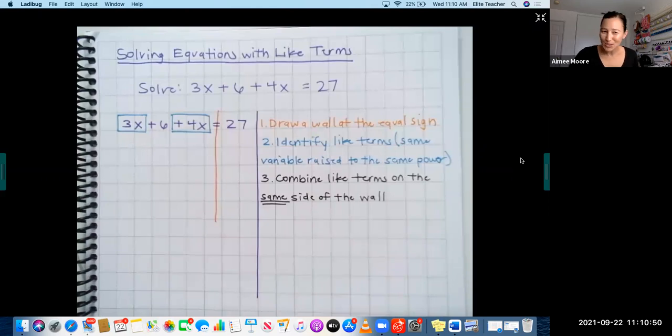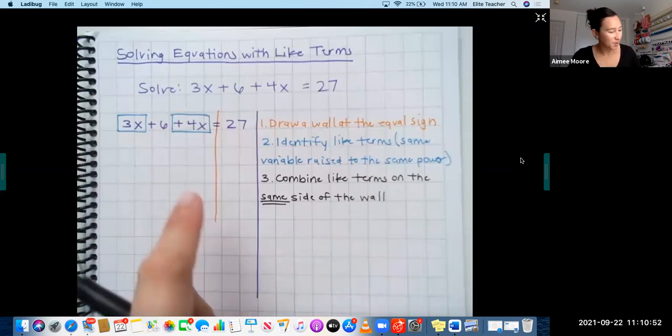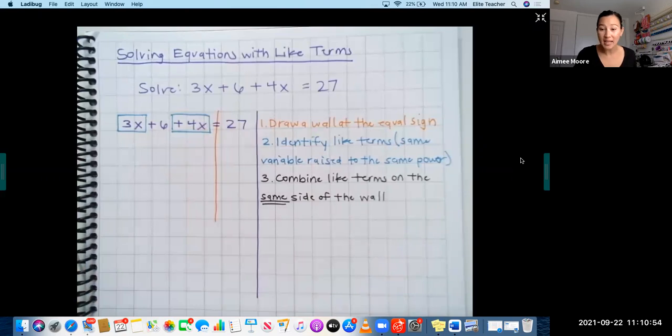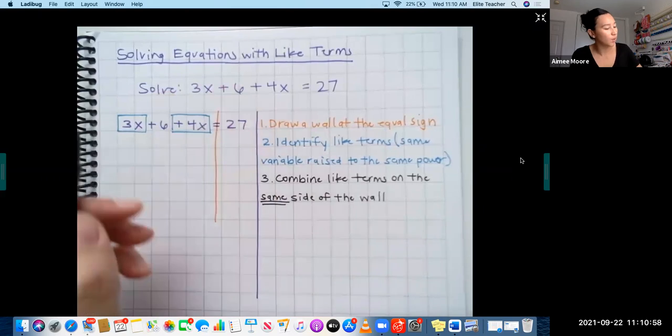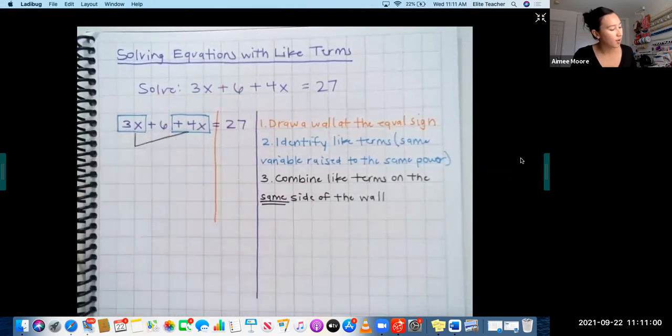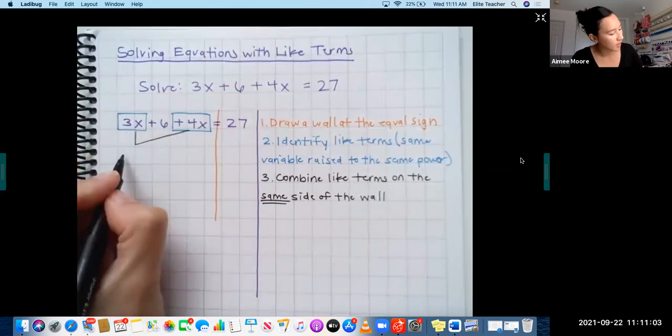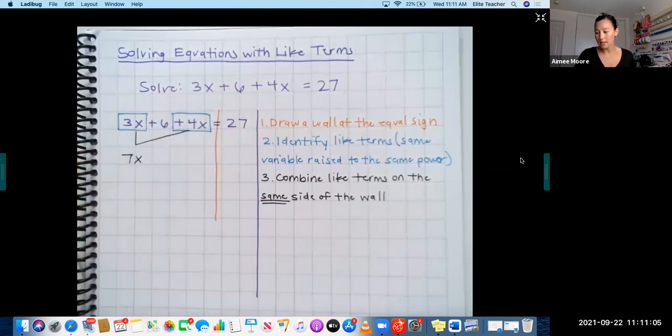Sometimes students get tempted to combine the 6 and the 27, but you can't because those are not on the same side of our wall. That's why we drew the wall at the beginning. The only things we can combine are our 3x and our 4x, which combine to 7x.